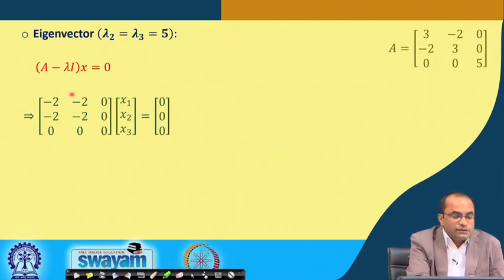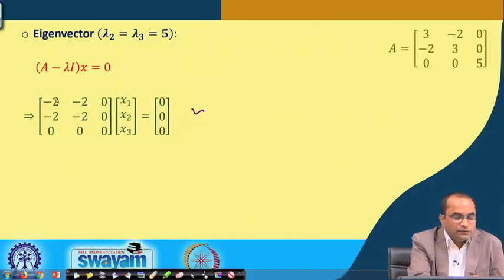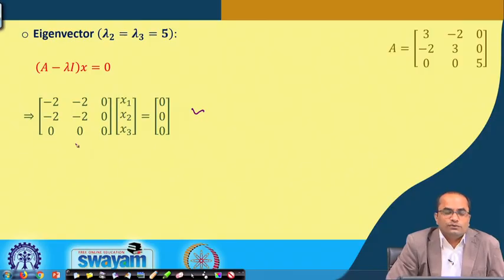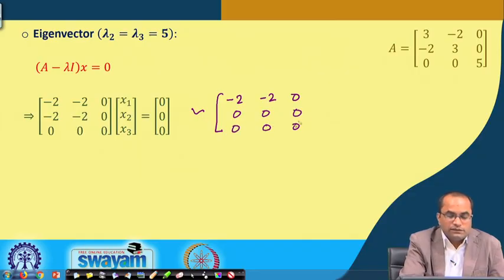So, we have this system, and it is interesting to see that we can reduce to the row reduced echelon form very easily. When we subtract row number 1 from row number 2, we will get 0 0 and 0 here, again this is 0.